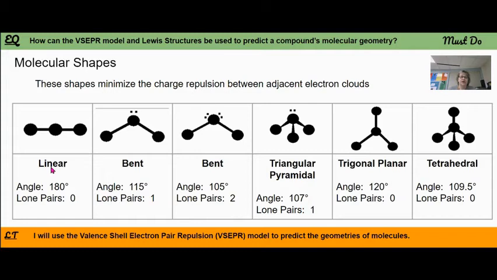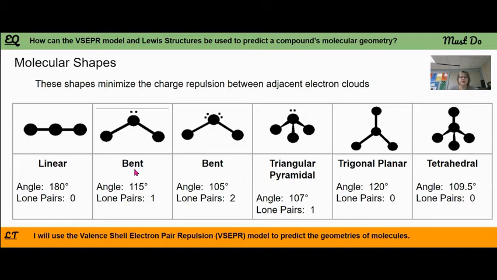So the first one is linear. It has 180 degrees, right? So that means that all the angles are 180 degrees and there are no lone pairs. Now, a lone pair would be on that central atom, whatever the one or two are that are in the center, are there electrons that are all by themselves. They're not being shared. They're not bonded, okay?